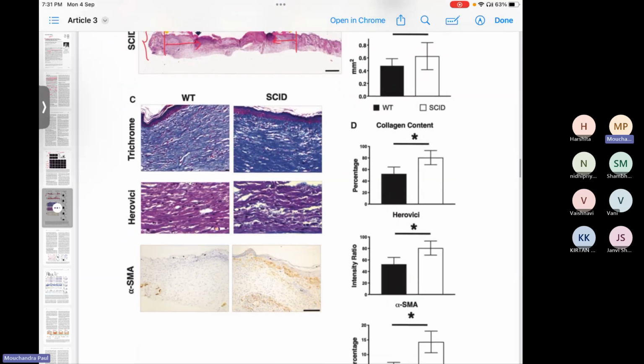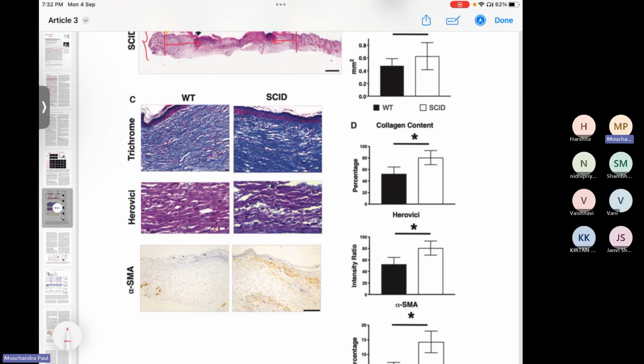Then they also studied how much collagen is deposited in the dermis. So during scar formation, as I told you, more and more collagen formation takes place. This condition leads to what is called fibrosis, a medical term used for the condition where a large amount of scar tissue or collagen is deposited.